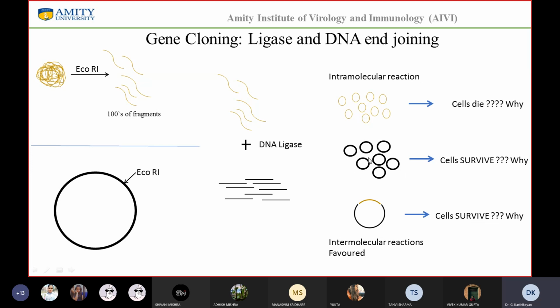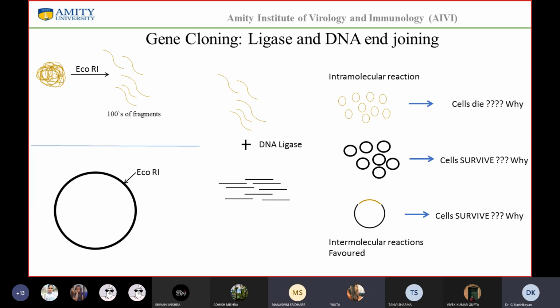Okay. This plasmid, when it recircularizes, will still have the ampicillin resistance gene. So they all will survive. Similarly, this one, which has received a copy of this foreign DNA where it got ligated, also carries a functional ampicillin resistance gene or kanamycin resistance gene. So the cells will survive, right? So did you get why some cells will die, why some will survive?